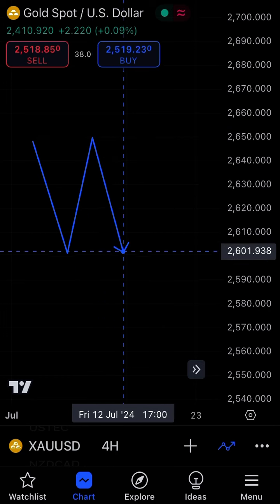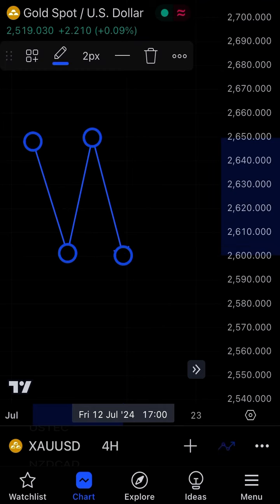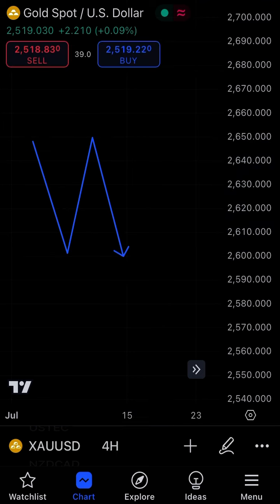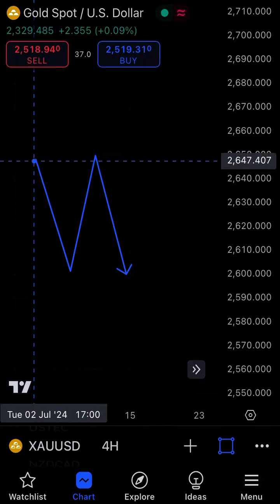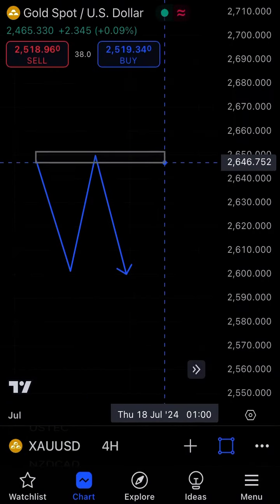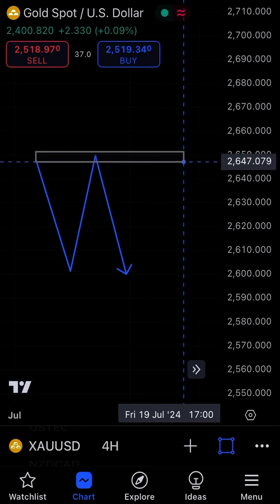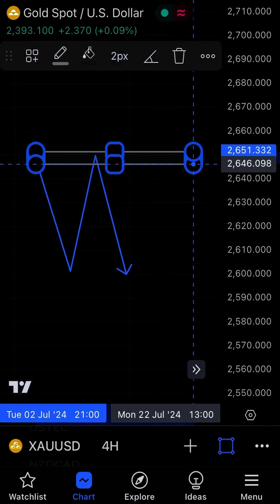Okay, so any level where the price sells from, any level where market sells from is called a resistance, and any level where price buys from is called a support. Okay, so from what I just said, looking at this chart I drew, you can spot here is an area of resistance. Okay, so this area here is an area of resistance.